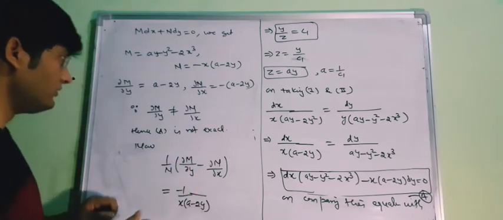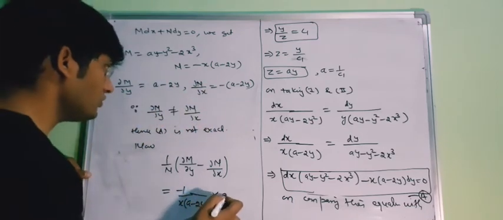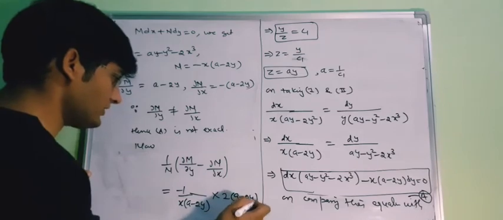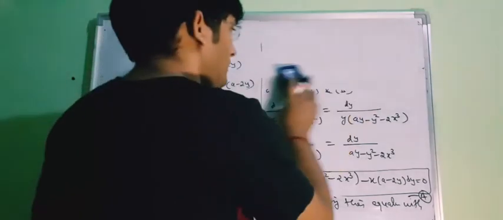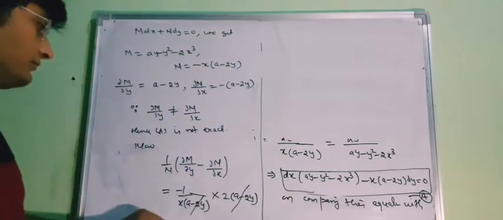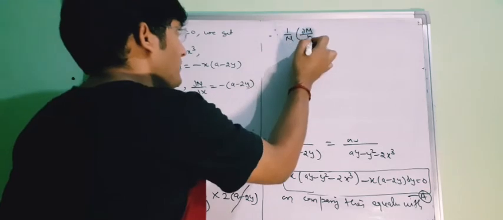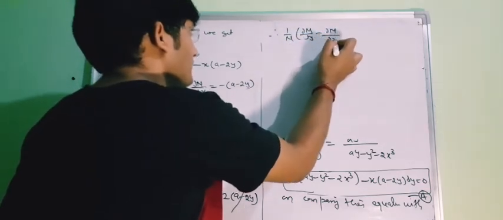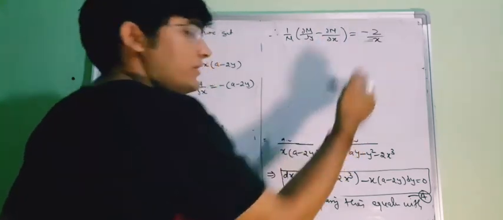Now their difference, del M upon del y minus del N upon del x, will be 2 times (a minus 2y). So you can see that this is equal to minus 2 upon x. Therefore 1 upon N times (del M upon del y minus del N upon del x) equals minus 2 upon x, which is some function of x.